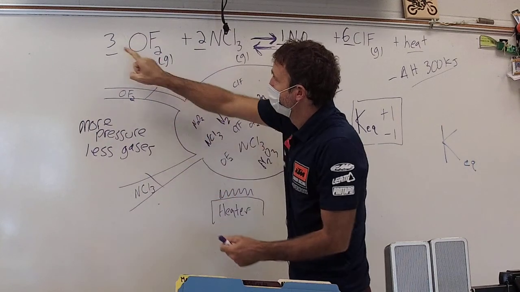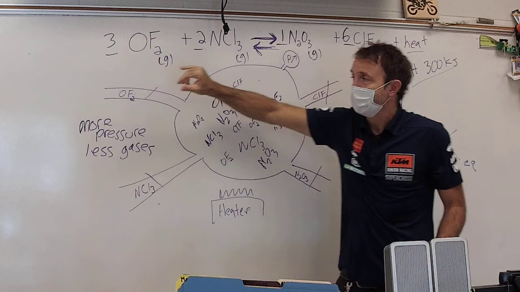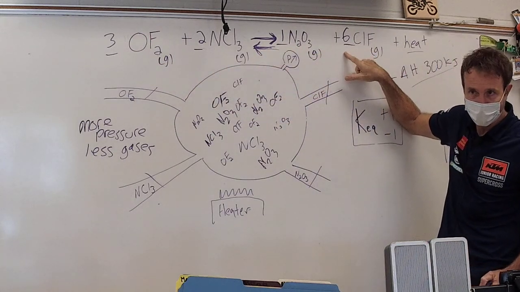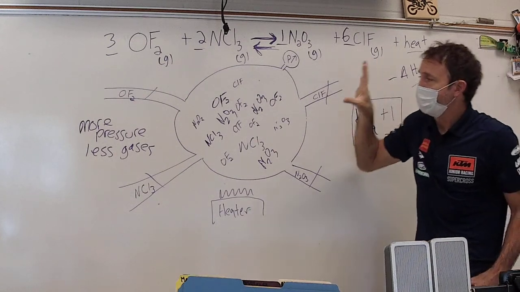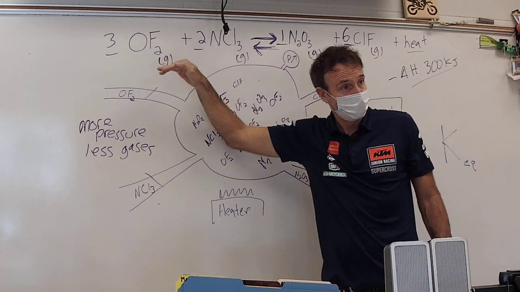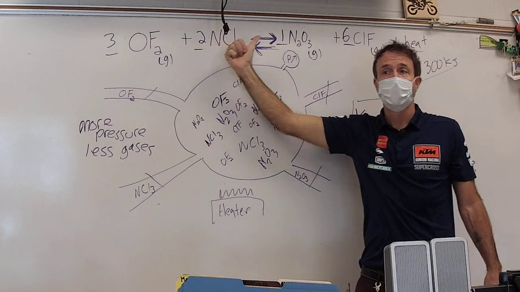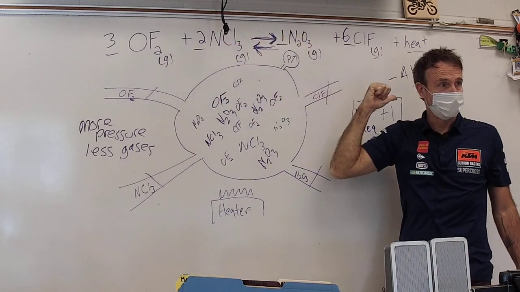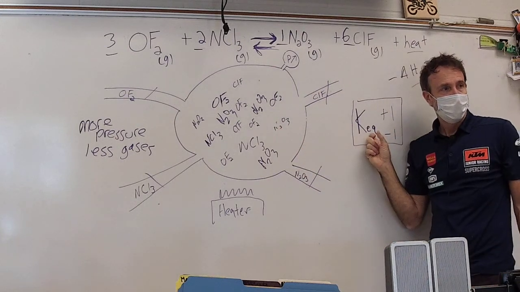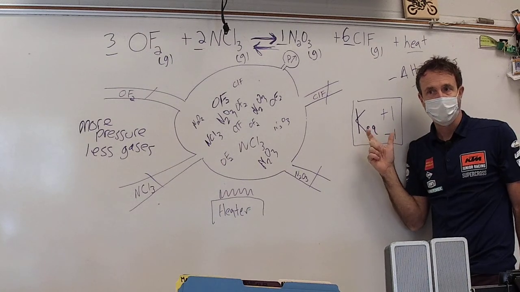The left has 1, 2, 3, 4, 5 gases. The right has 1, 2, 3, 4, 5, 6, 7 gases. Does that make sense? So adding pressure to this system will cause a shift to the left. Removing pressure will cause a shift to the right. And then the system would adjust and go right back to its equilibrium. So that's how pressure works.